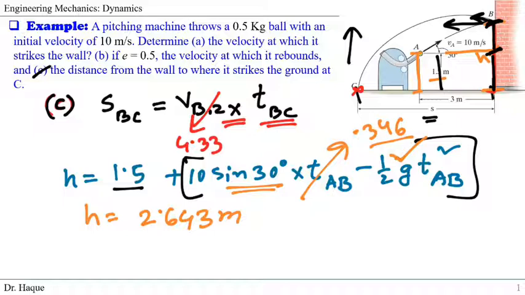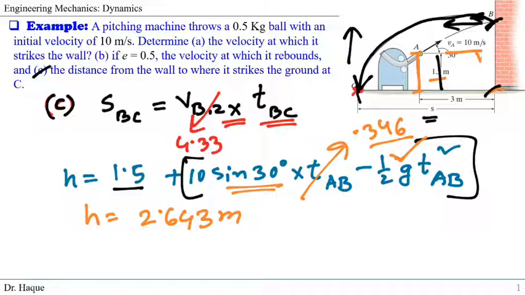So if we find the height, now we can use this concept, because now the height is from here to here. So that means this is the height it took all the way down here. This is the time it required, so it will be the height, the time BC.